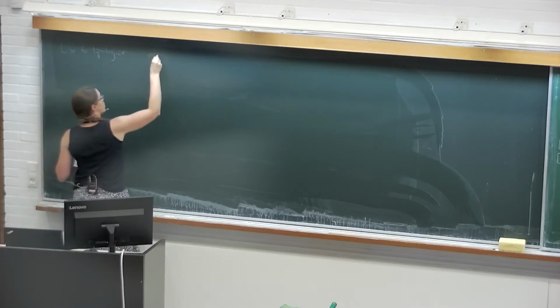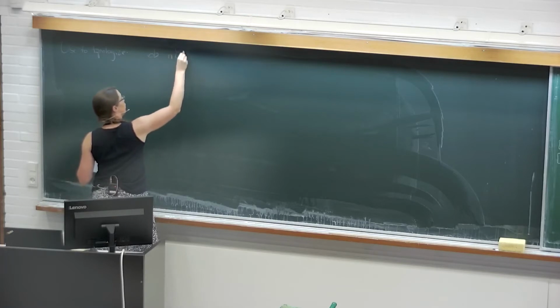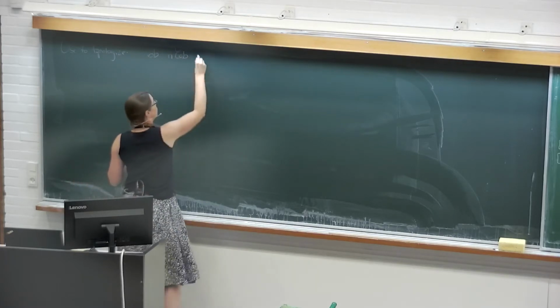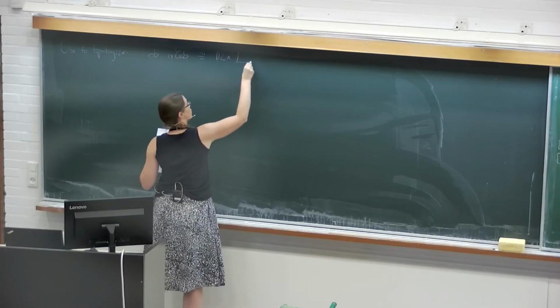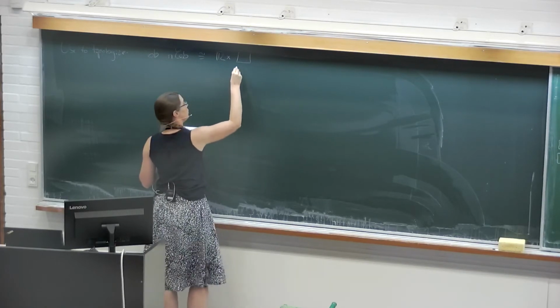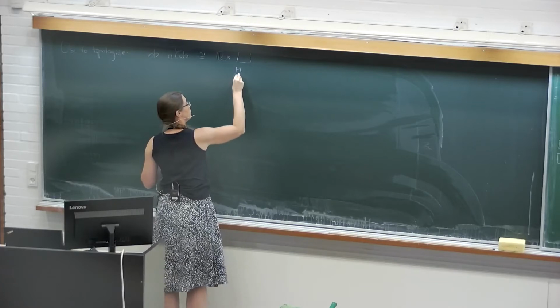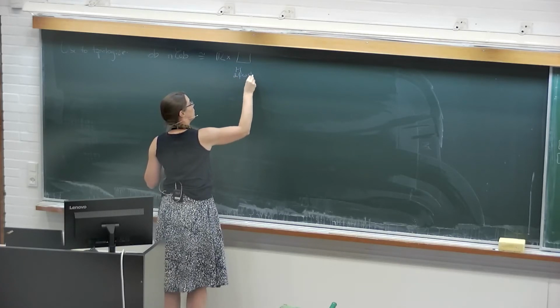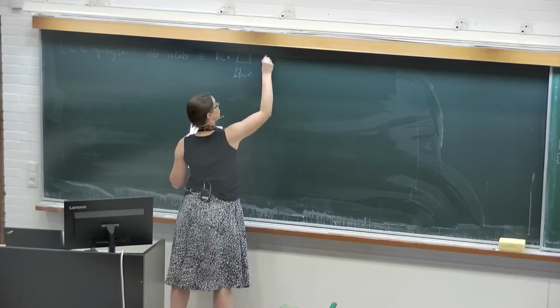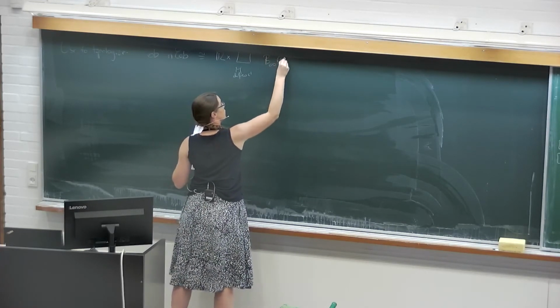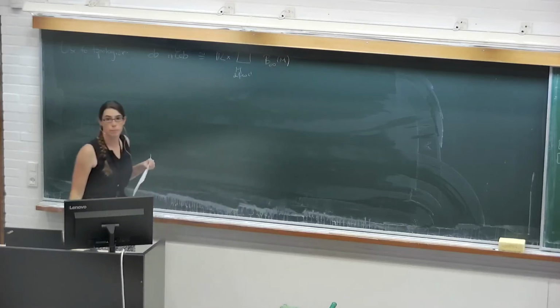So the objects of this curly Cob, they're just R cross the disjoint union over diffeomorphism classes of M of this B infinity of M.